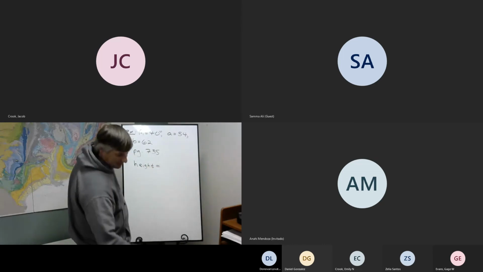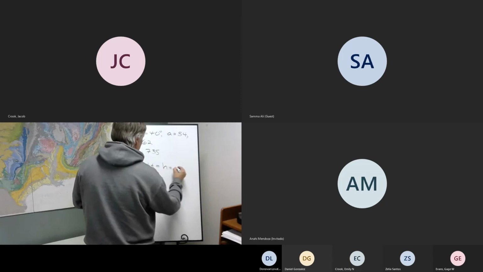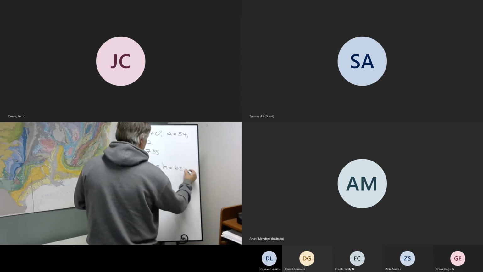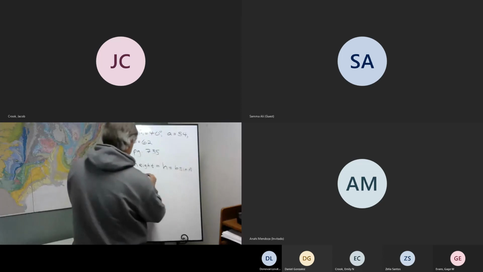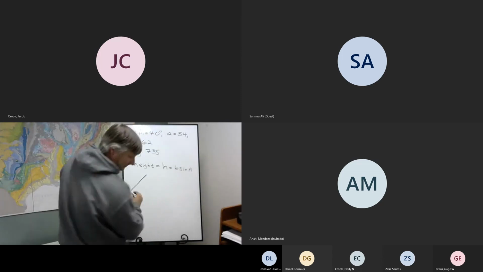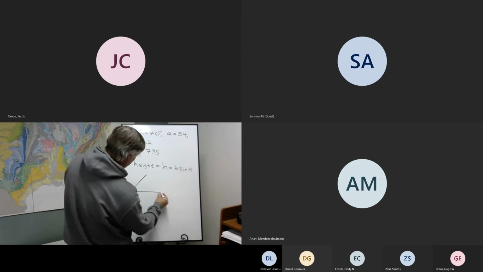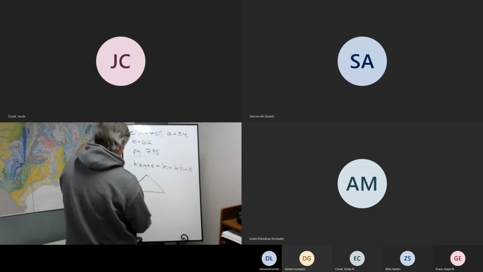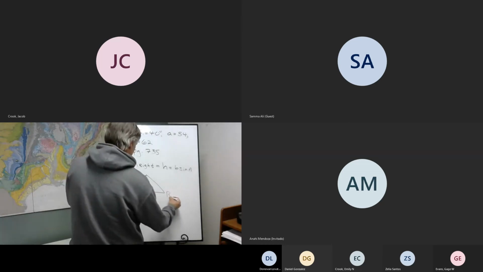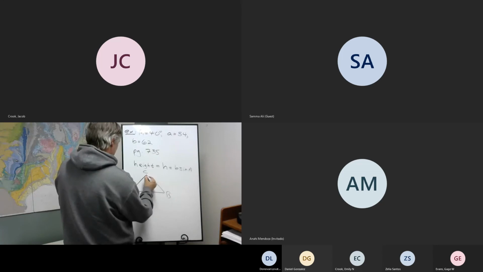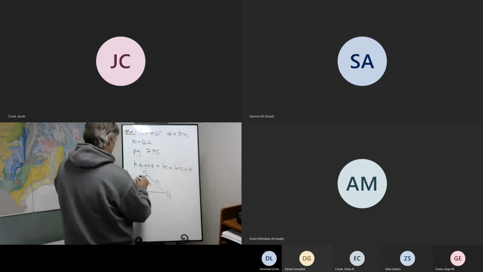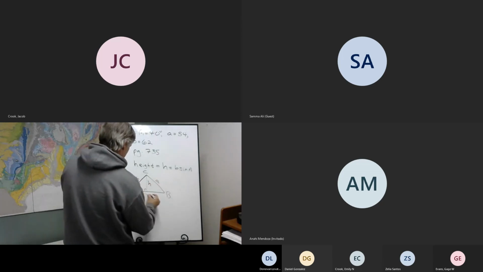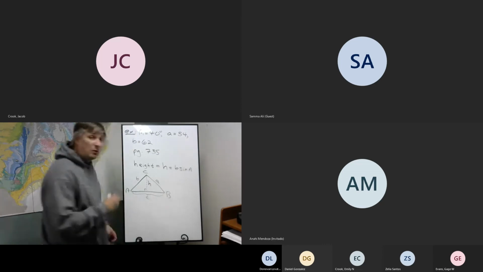This is specifically going to be B sine of angle A. Now let me draw what's going on here. And that whole side is C.